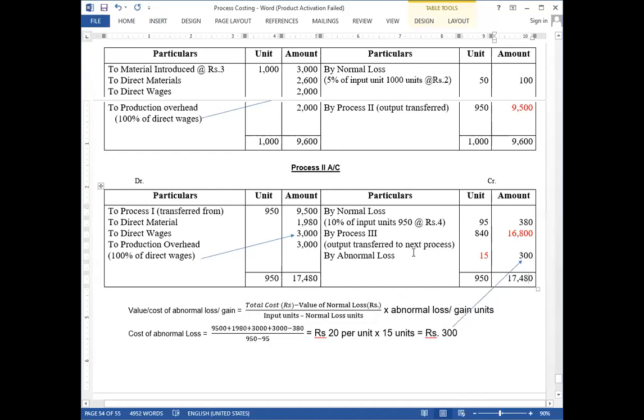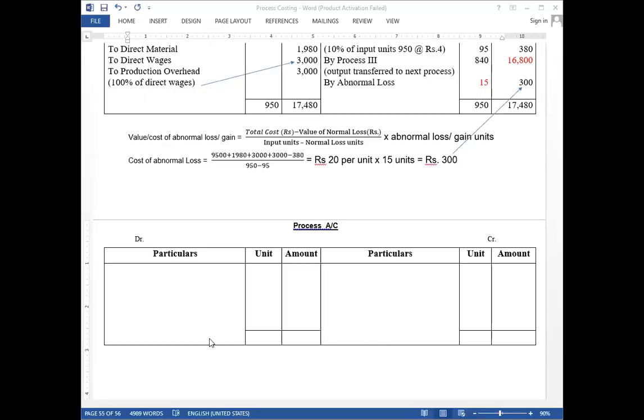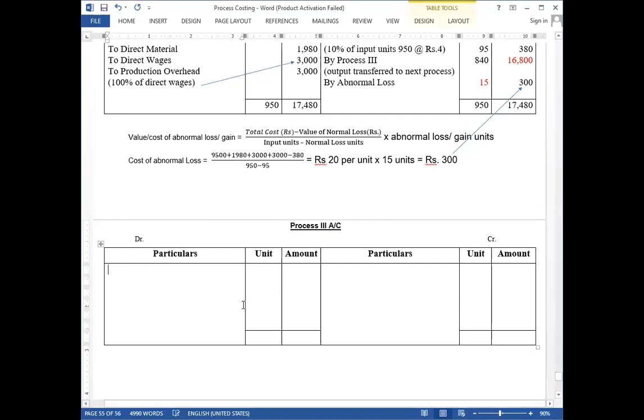Write the process 3 account, open the account and keep the format ready. Okay, the format is ready now. You can start the process 3 account. The first step, you have to write the input unit as the last process output. That means the previous process output will become the input for this process.